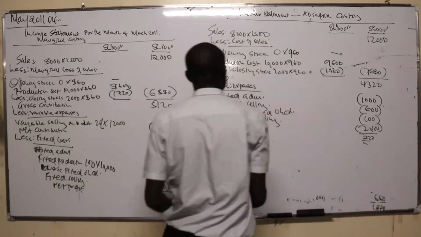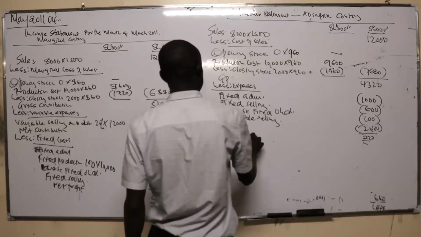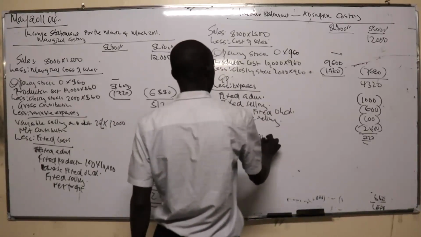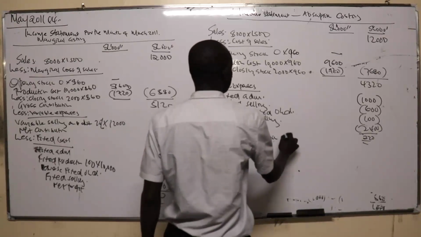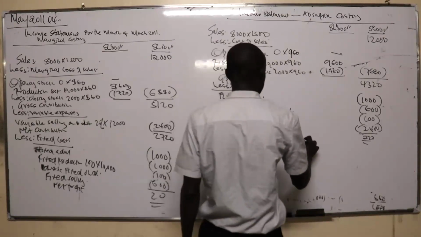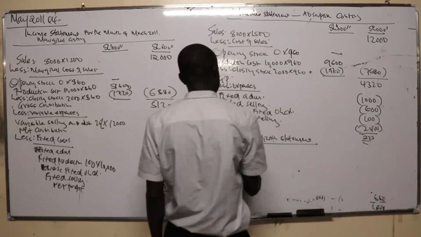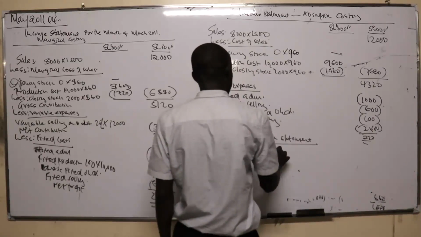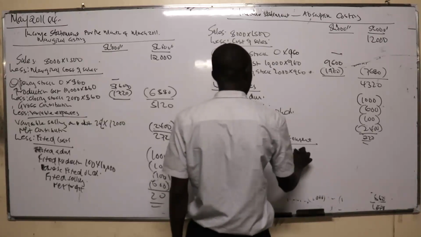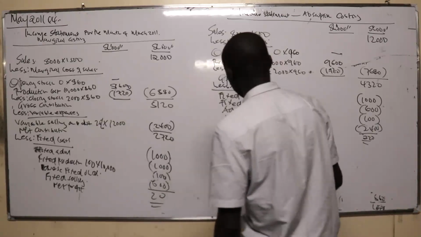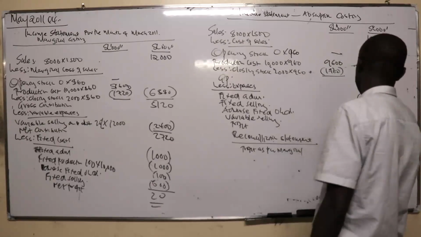And then you can do the reconciliation statement. So you start with the profit as per marginal costing, which is 20.